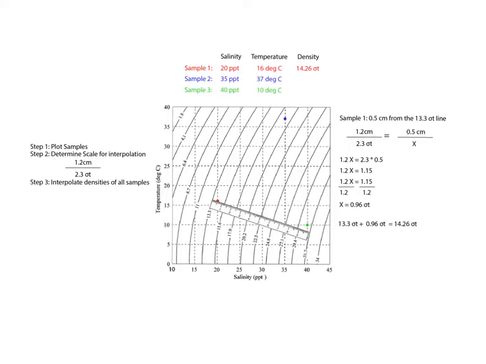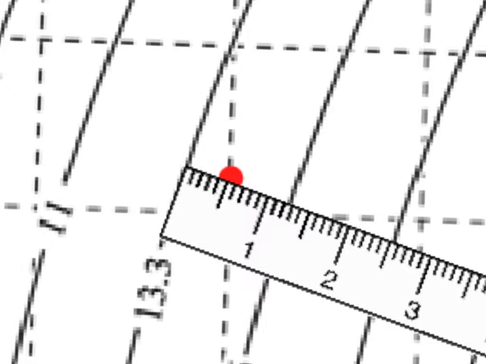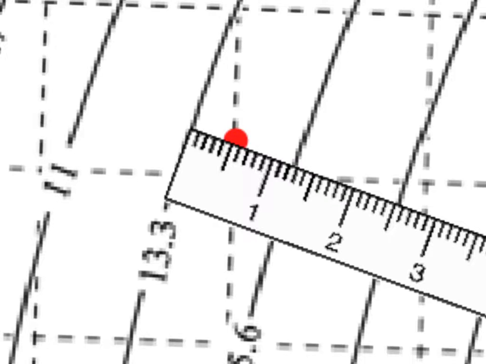The very first step is that we're going to use that 1.2 centimeters over 2.3 sigma t, and set that equal to the distance our sample is from one of those density lines. If we zoom in to the red sample, sample 1, we see that it is 0.5 centimeters away from the 13.3 line.